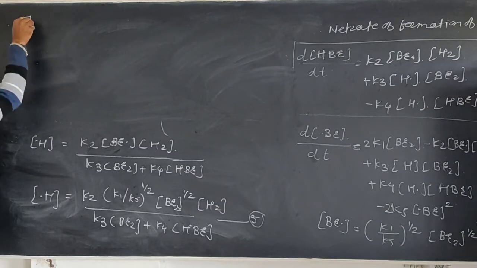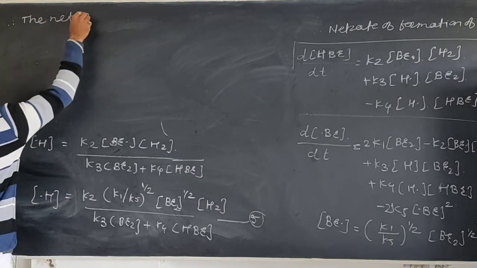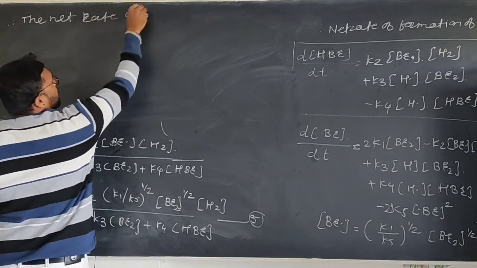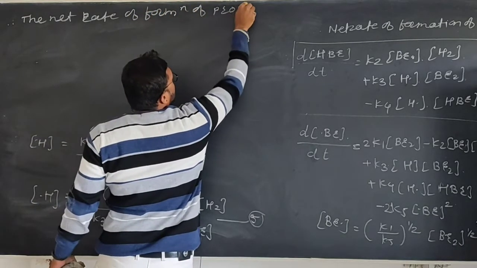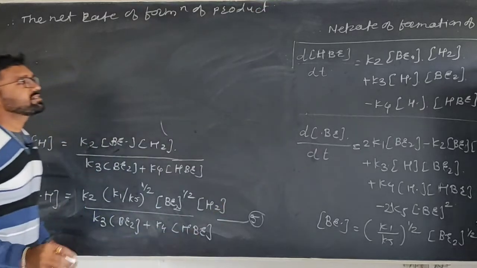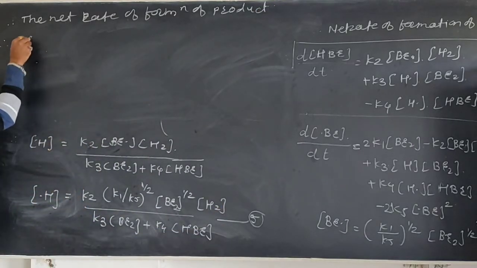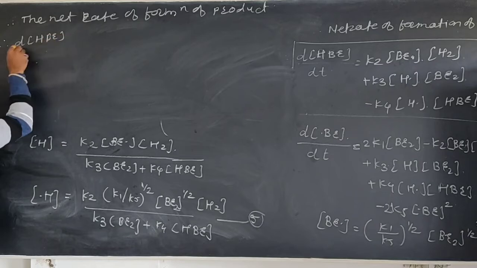That is the net rate of formation of product, that is HBr, dHBr upon dt.